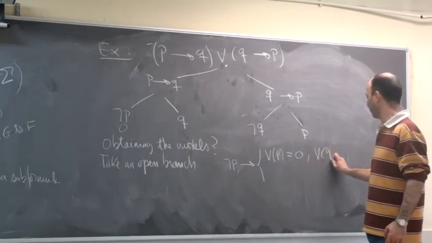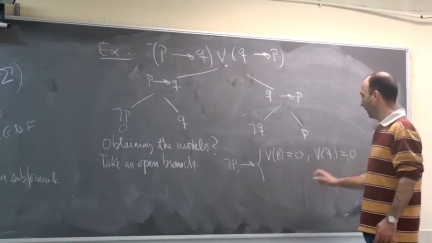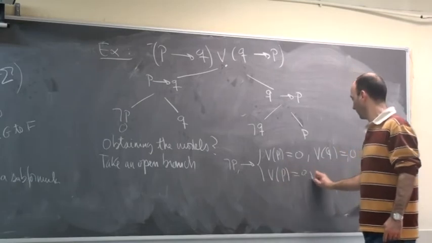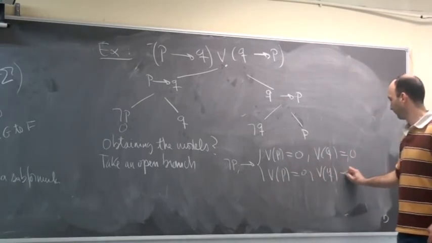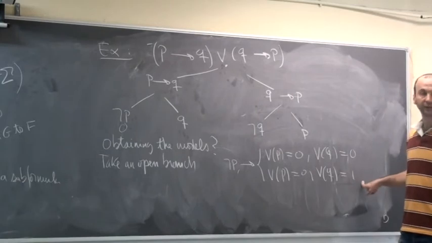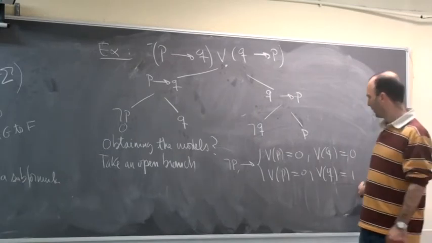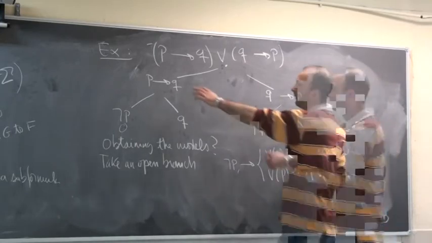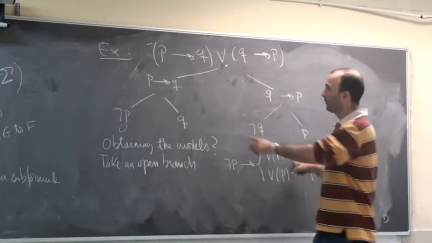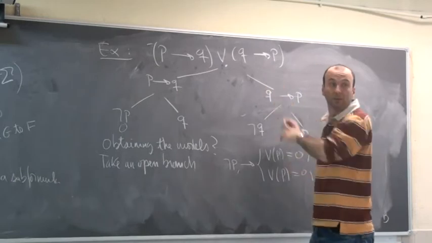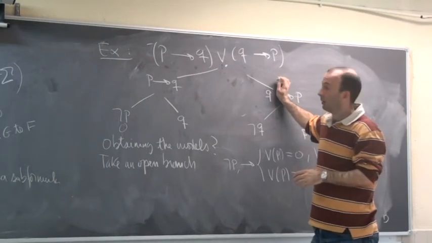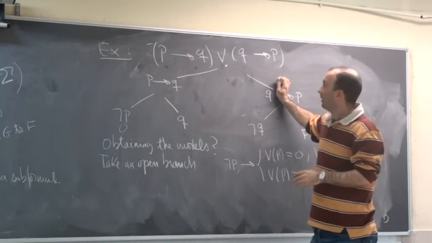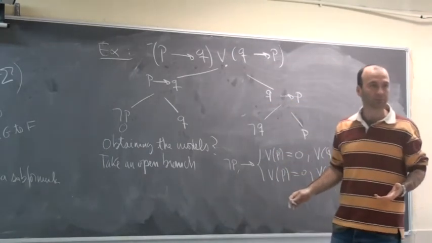So I can set that, or I can set, yeah, those are different models, right? So is that true? Yes, it is, because if P is 0, this is going to be true, whatever I set here on the other side. And Q may be yes, 1 or 0, right?